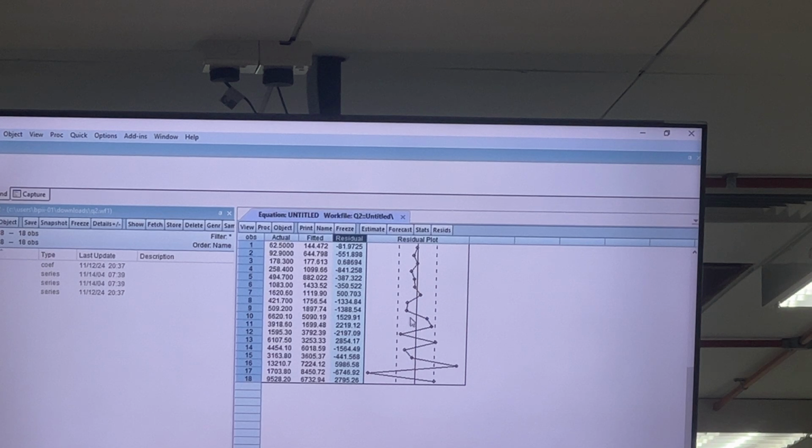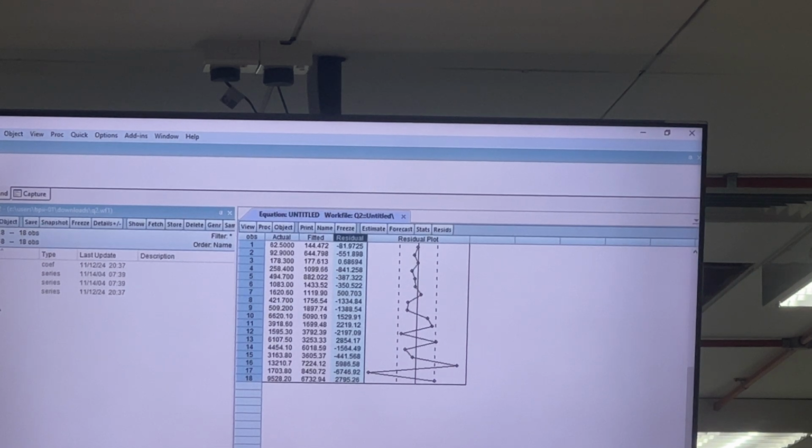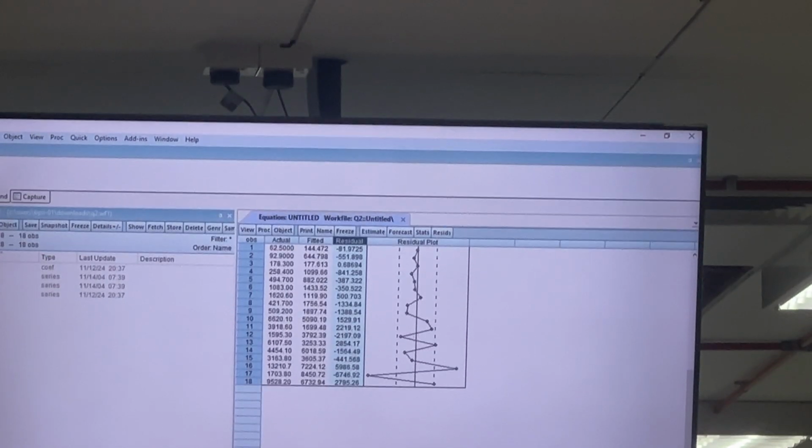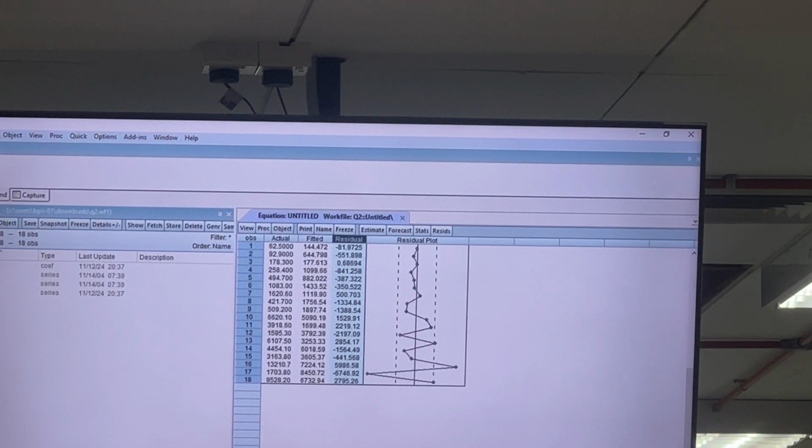Okay. So now the question asks you to plot the residual against the value of x, the profit. So residual against profit. Let's say now we want to produce a scatter plot, with profit as your x axis, residual as y axis.